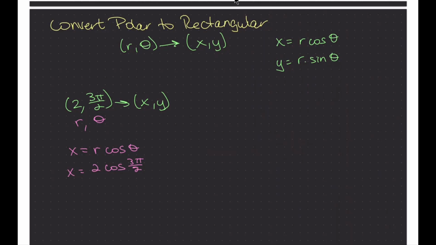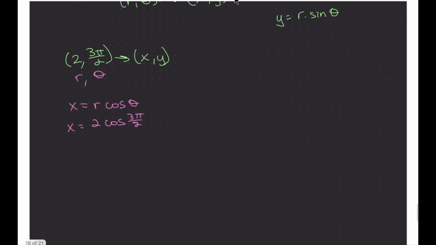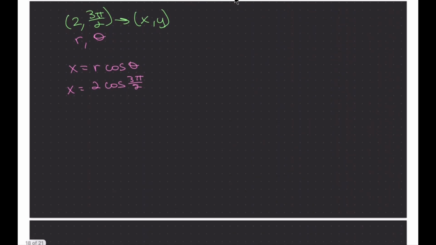So that 3 pi over 2, is that degrees or radians? Radians, right? So you have a choice. You can plug this into your calculator the way that it is, but then you have to be in radians mode.